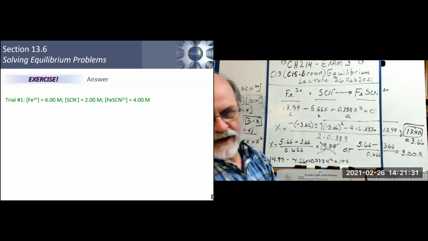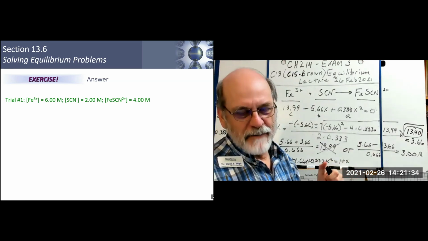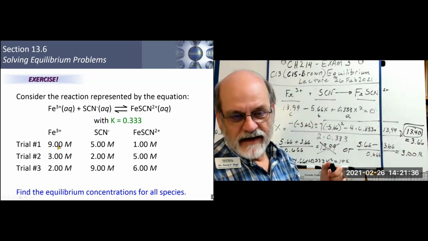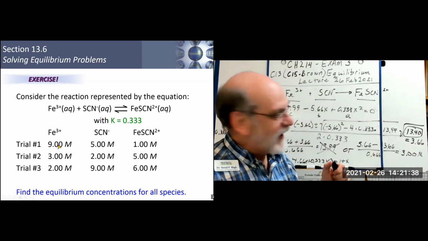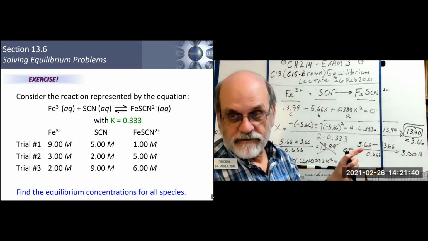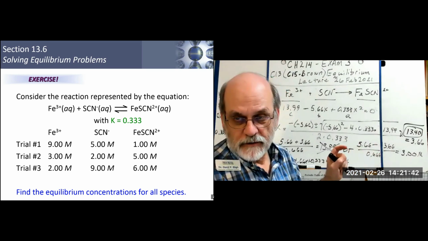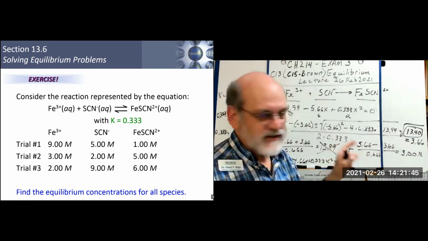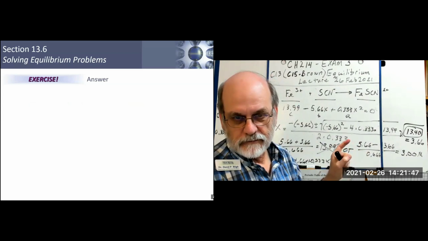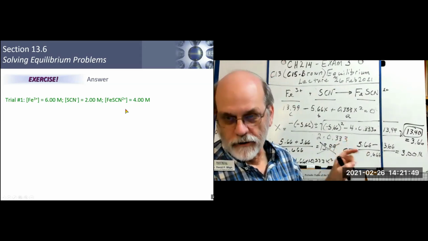All right, so that's not your final answer. Sorry. We need to go back and say 9 minus x would be 6. 5 minus x would be 2. And 1 plus x would be 4. Right? So 6, 2, and 4 are the answers.